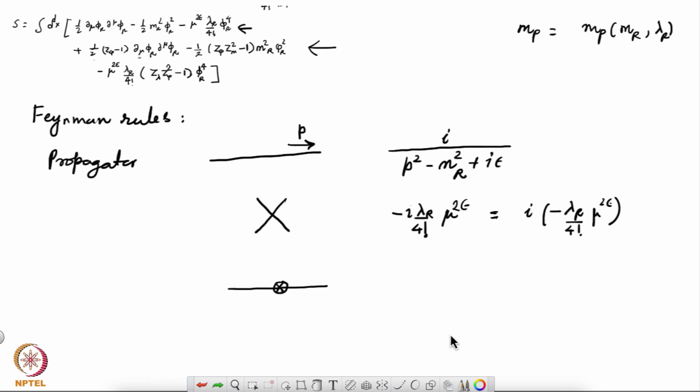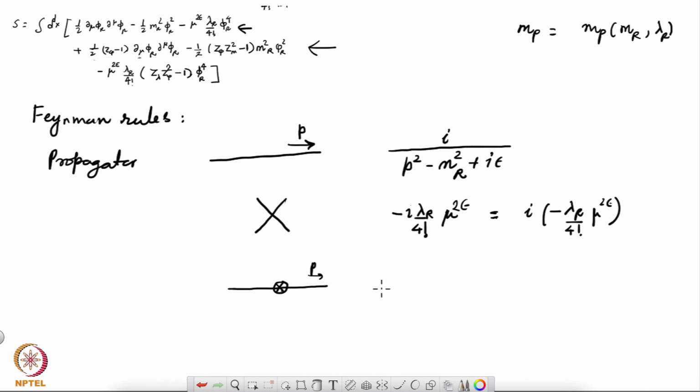So this vertex, I am drawing it this way because it has only two fields, phi_r and phi_r, and so it has two external lines. This one also has phi squared, so two external lines.